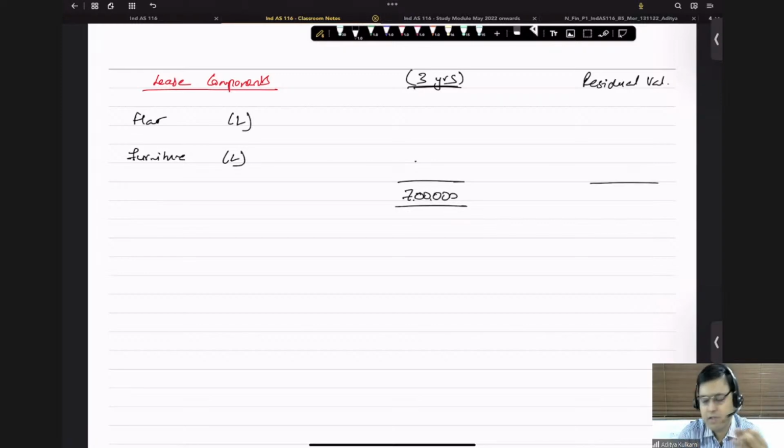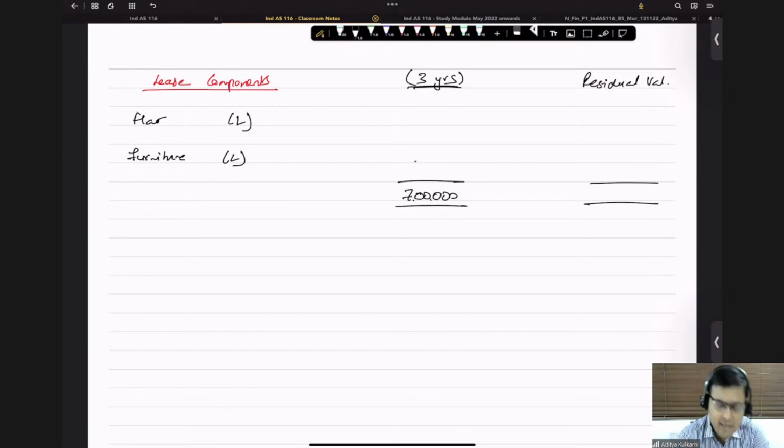See, suppose the lessee comes and tells you, I want to do the split, but there is no standalone price available for lease of flat and lease of furniture. Okay, then go for the fair value. That is also not available.